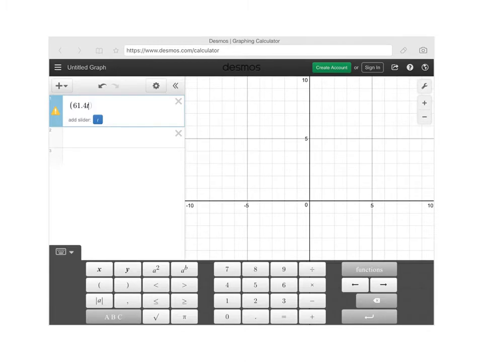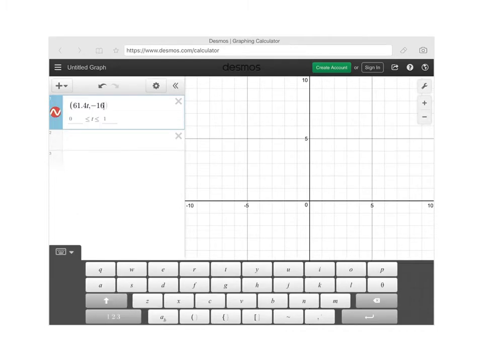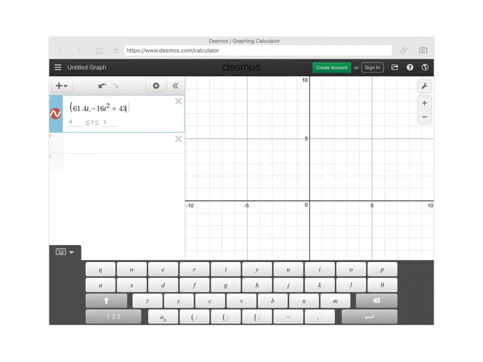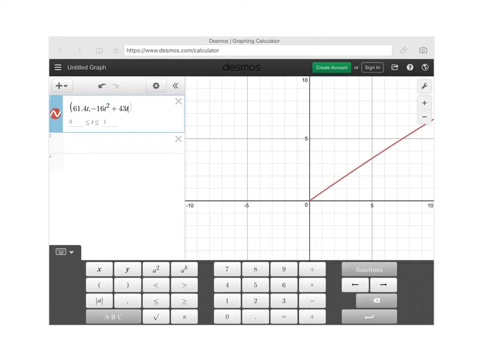And then the y is given by negative 16 t squared plus 43 t, and then plus 6. So then it gives you this time, and we figured out it lands at 2.8 seconds. So let's put t going from 0 to 2.8.